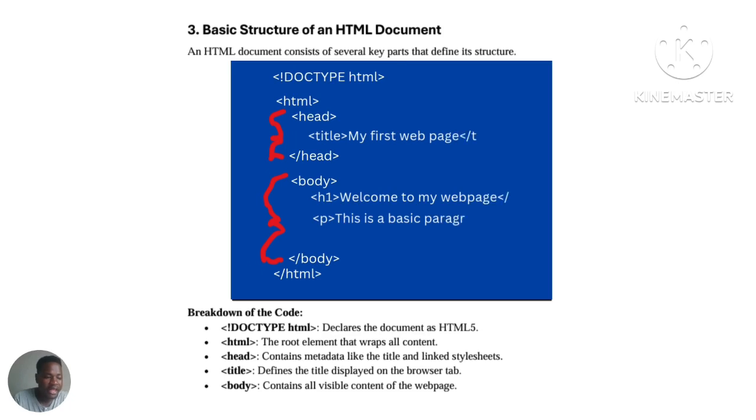The head is the invisible part of an HTML document. You cannot see the head, it's invisible, while the title is displayed in the browser. Then we get the head closing, and we also get the body.